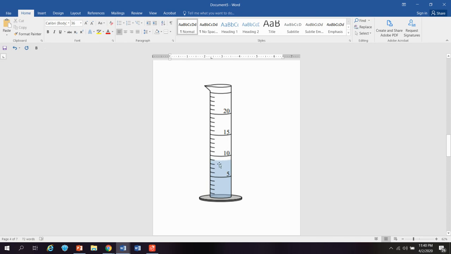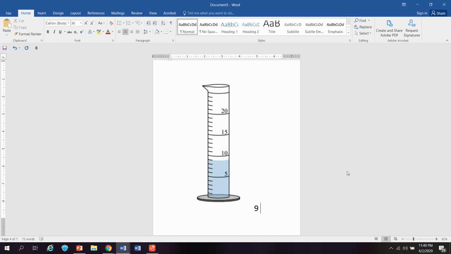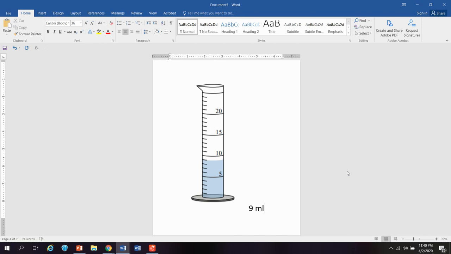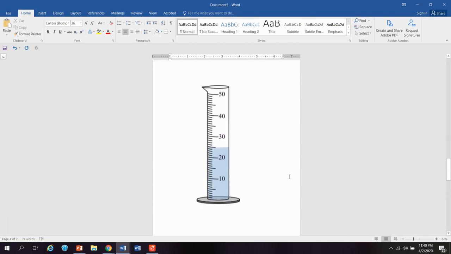Okay, so they are counting by ones, and I notice that it's the tick mark right before the 10. Do you see where it's curving right there? So how many milliliters are in this beaker? You're right, our answer is 9 milliliters. Great job. All right, let's try one more.